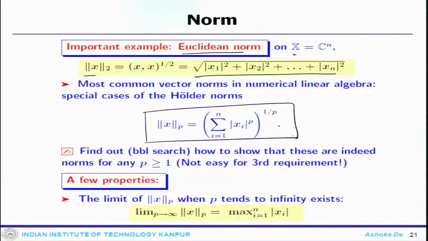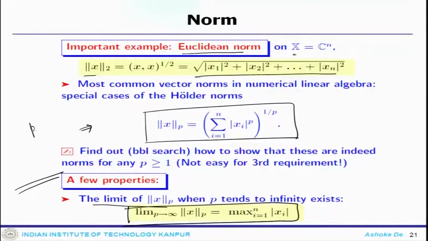You can show that an important property is that the limit of this norm of x with p as p tends to infinity actually exists. So, this is one of the important properties for this p norm. This is called the p norm, and when p equals 2 we get the L2 norm.